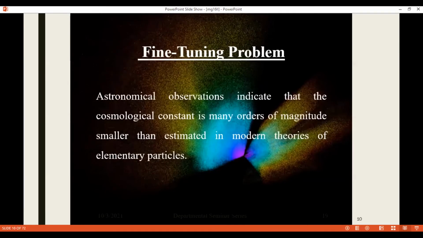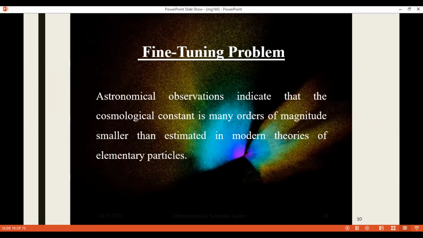The other one is the fine-tuning problem. Astronomical observations indicate that the cosmological constant is many orders of magnitude smaller than estimated in modern theories of elementary particles. So keeping these issues in view, we try to modify the Einstein-Hilbert action.